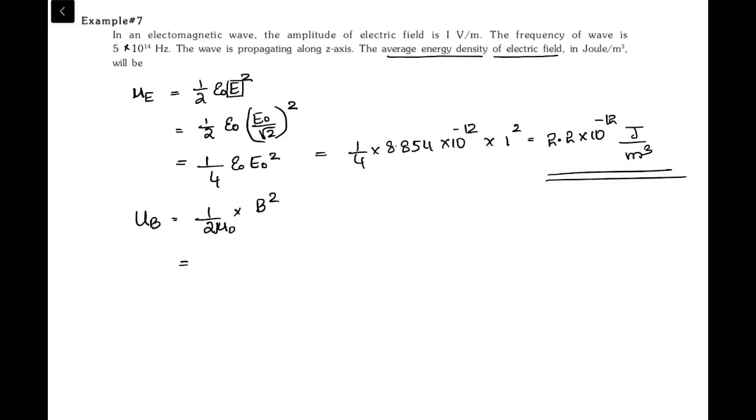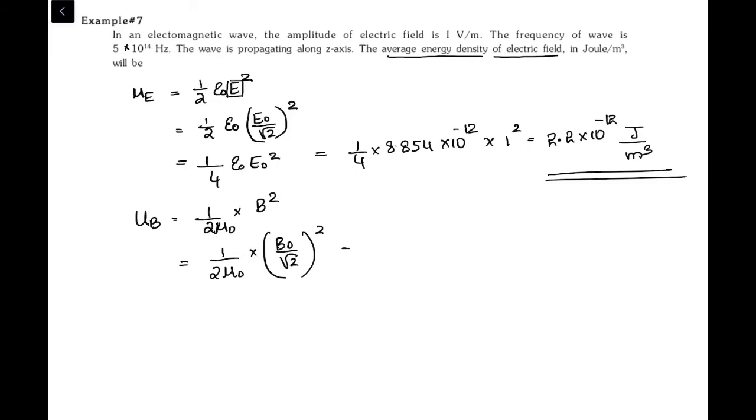Now B you have to substitute, that is 1 by 2 mu 0 into (B0 by root 2) whole square. This is the average energy density due to magnetic field.